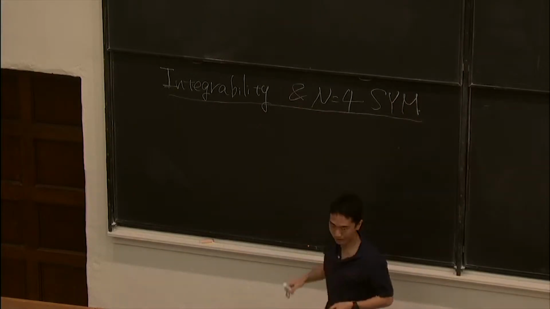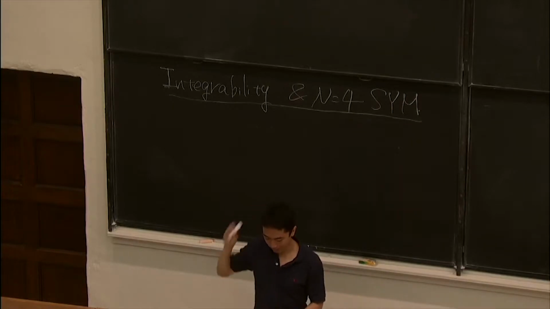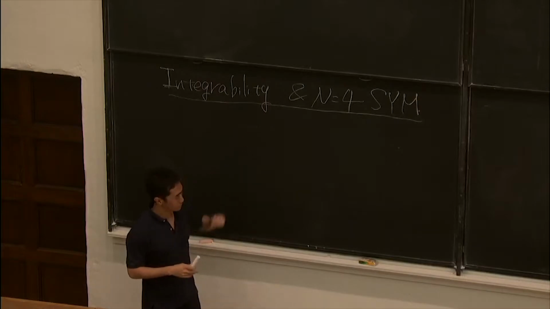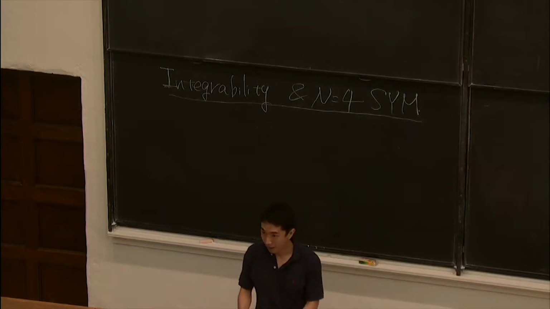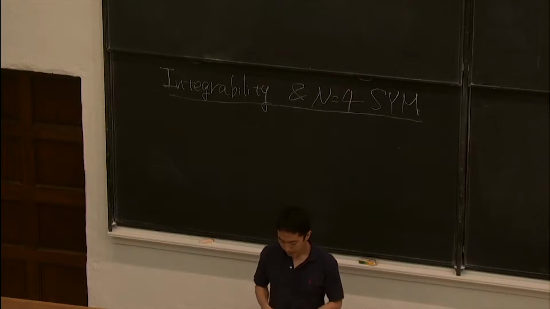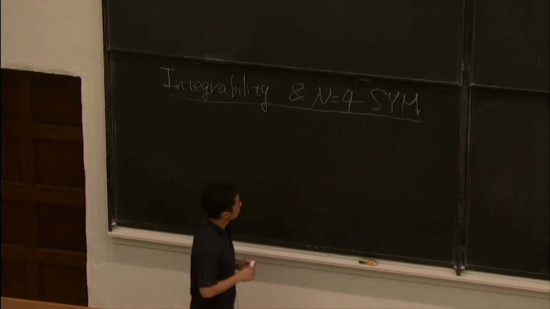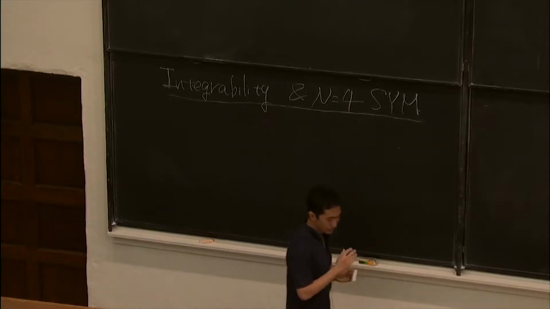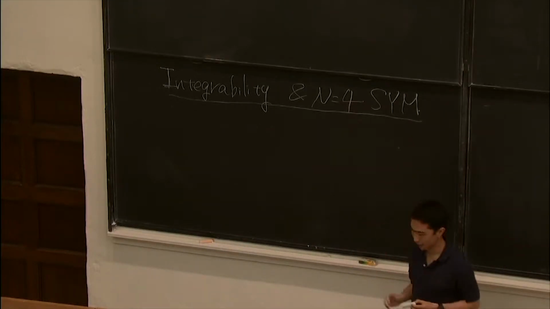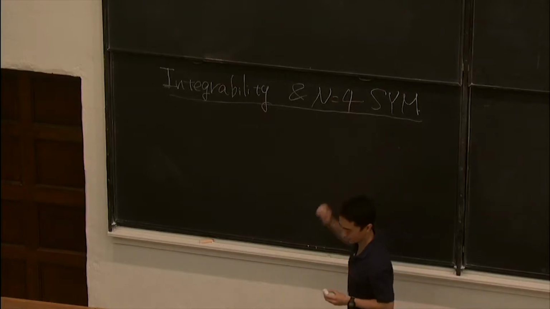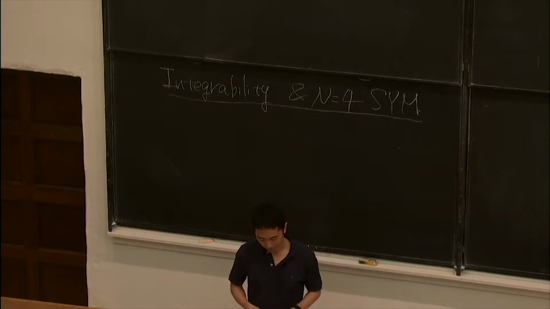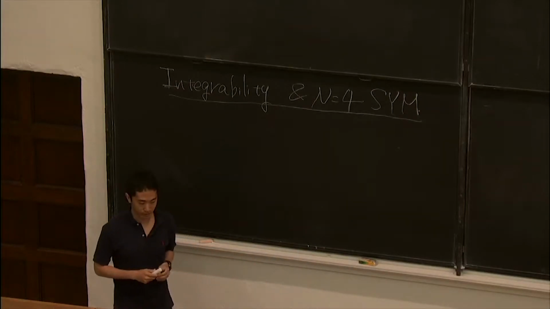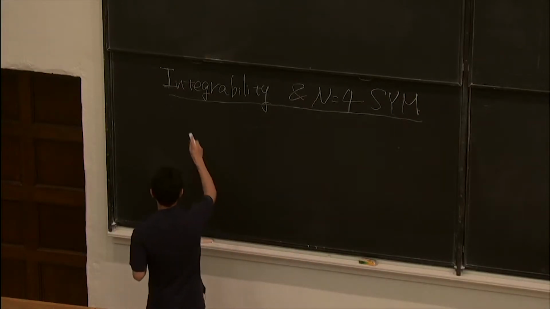There will be 6 lectures about integrability, and Pedro is also going to talk about this relation between integrability and N=4 super Yang-Mills theory, which is a maximally supersymmetric 4-dimensional gauge theory. The main goal of these 6 lectures is to explain how you can compute CFT data in 4D N=4 super Yang-Mills theory. Oh, by the way, this is conformal field theory, using the method of integrability, which was originally developed for 1+1 dimensional systems. So this is the plan of my talk.